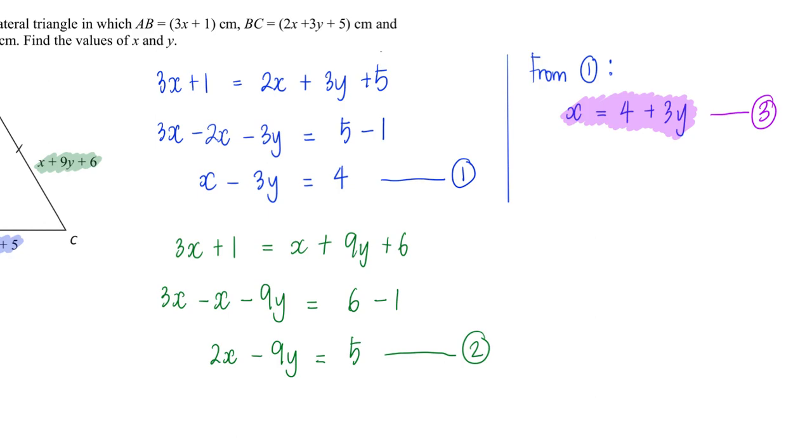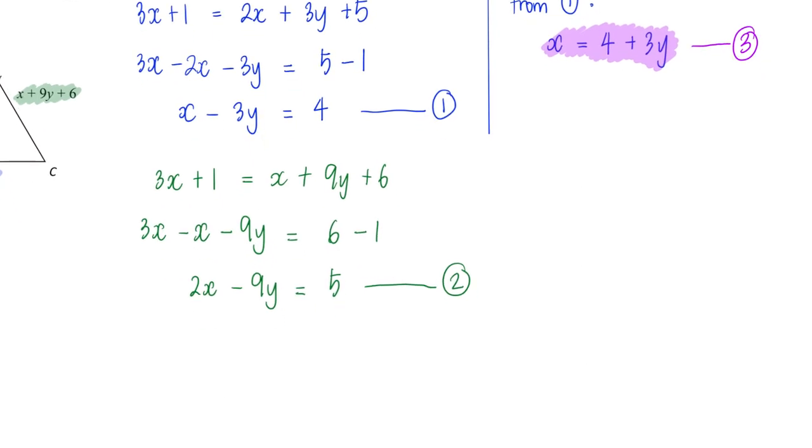And now comes the next part. We are going to substitute this equation 3 into 2. What do I mean by that? Equation 2 currently is 2x minus 9y equals 5, right?